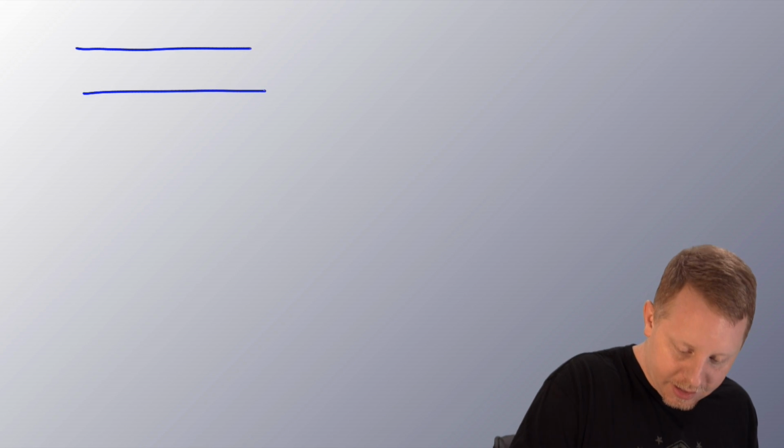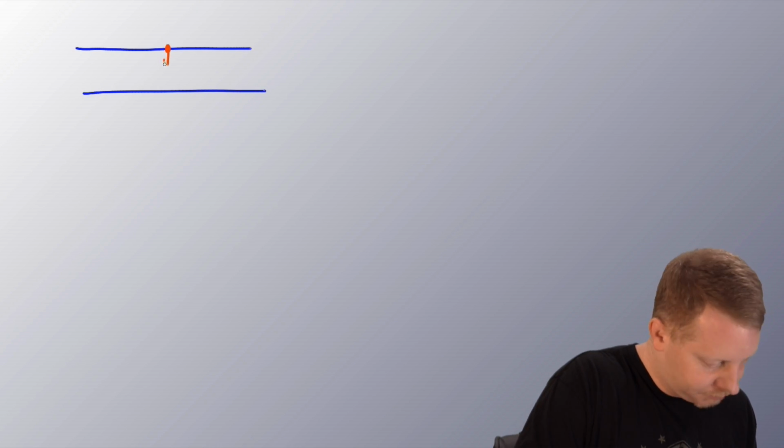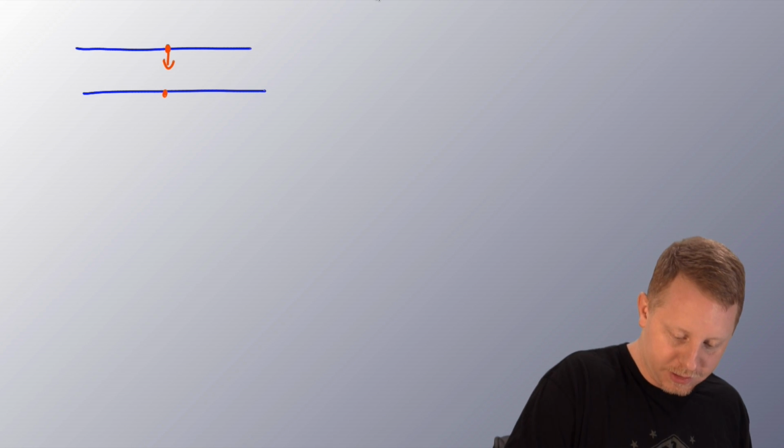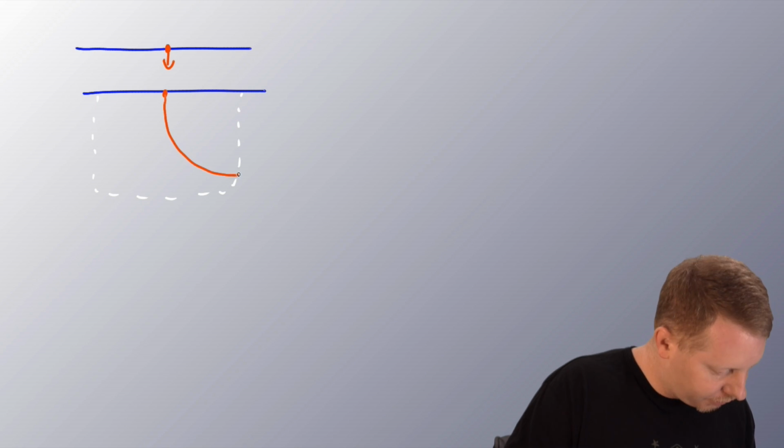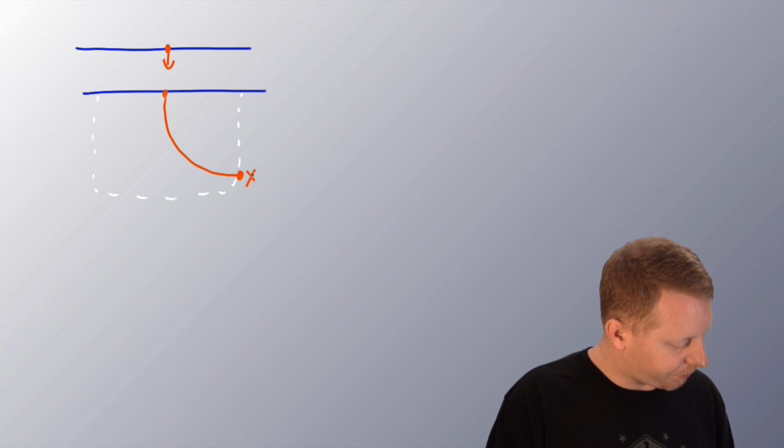So if we have our plates again, and our electron, once it gets here and is leaving the plate and entering this magnetic field region, let's draw that in very lightly. Well, we're going to get a portion of a circular arc over here to get to point X.